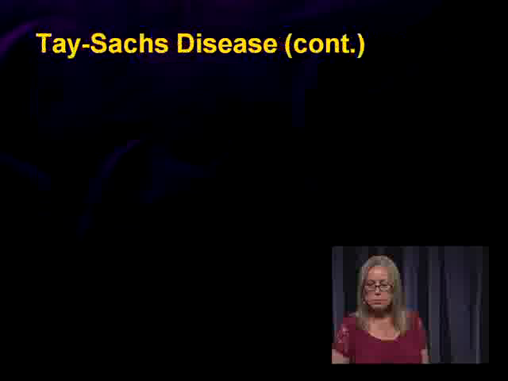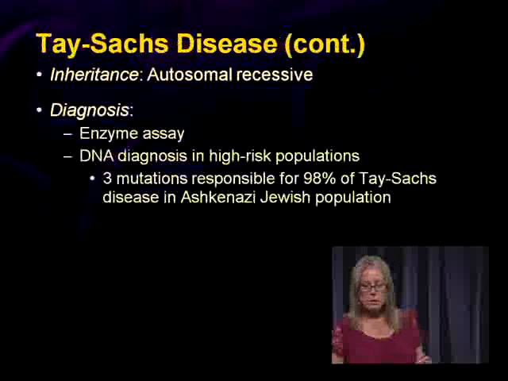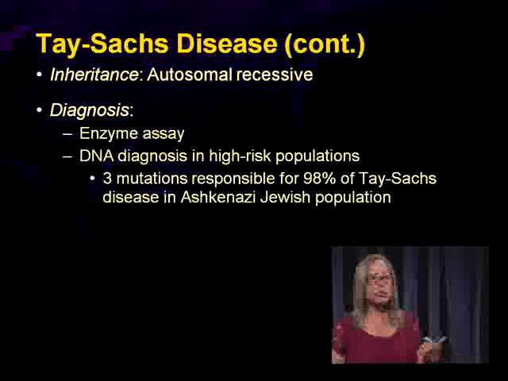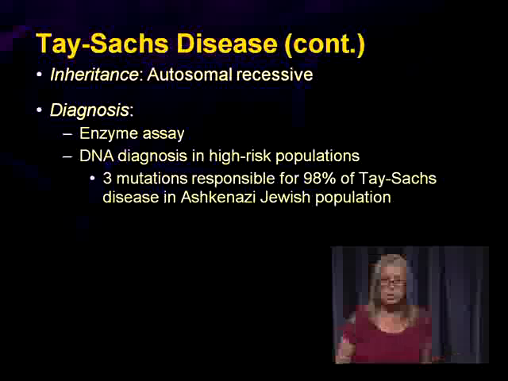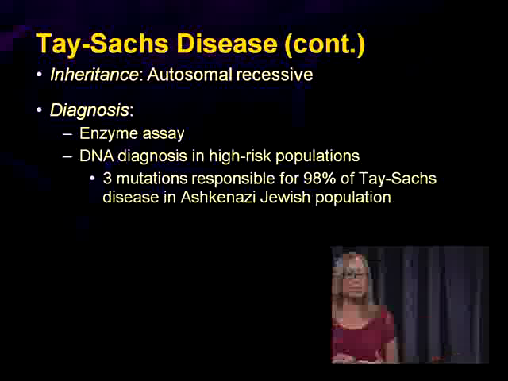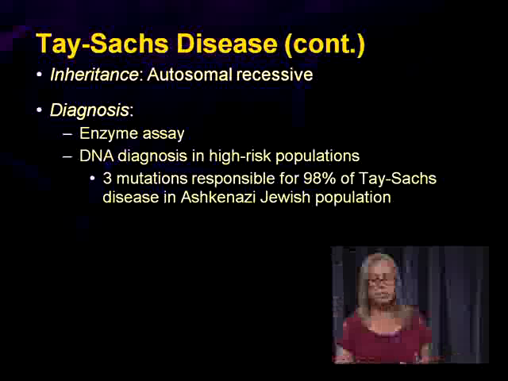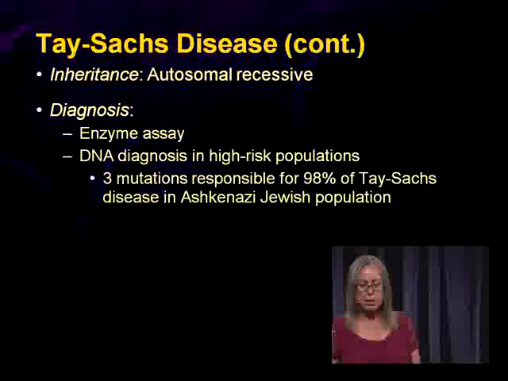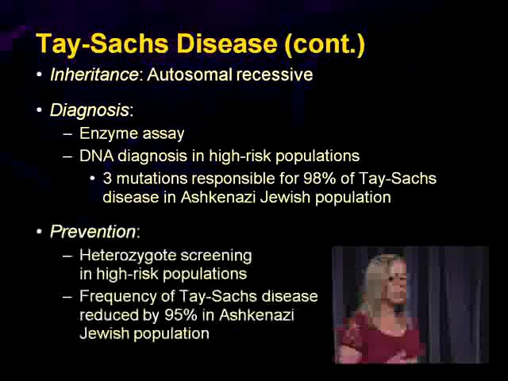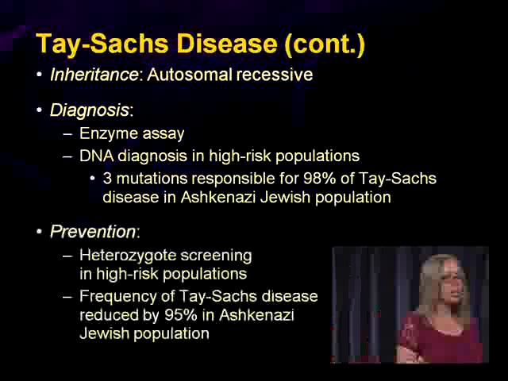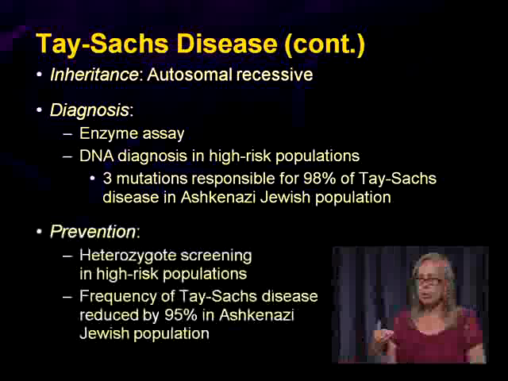It's autosomal recessive. You can diagnose it with an enzyme assay. You can do DNA diagnostics in high-risk populations. So there are 3 mutations that are responsible for 98% of all cases of Tay-Sachs in the Ashkenazi population. Based on that, they've undertaken heterozygote screening in different populations. Different populations will handle it differently.